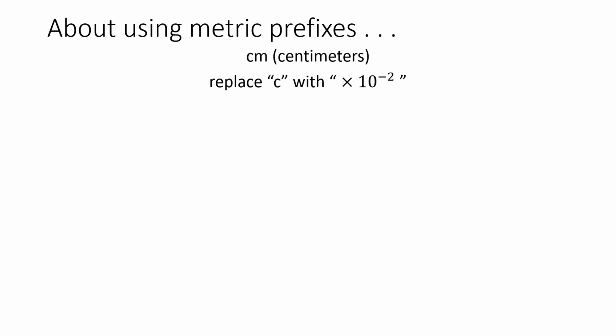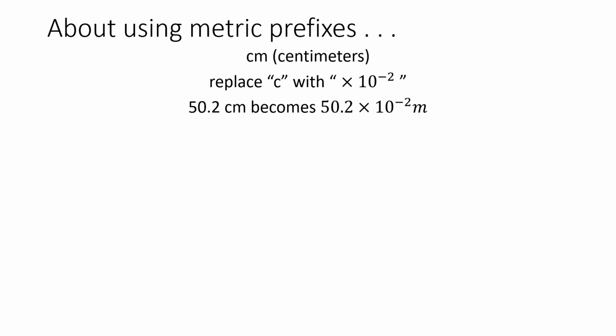So if you've got a number written down in centimeters, you can replace that c with times 10 to the minus 2. It's a multiplier, so 50.2 centimeters would become 50.2 times 10 to the minus 2 meters.